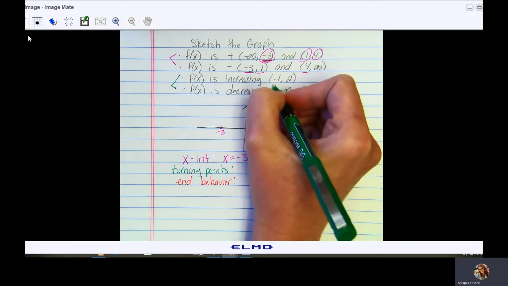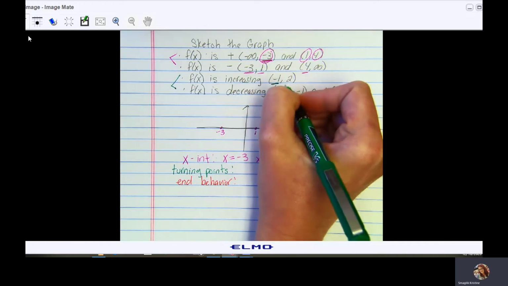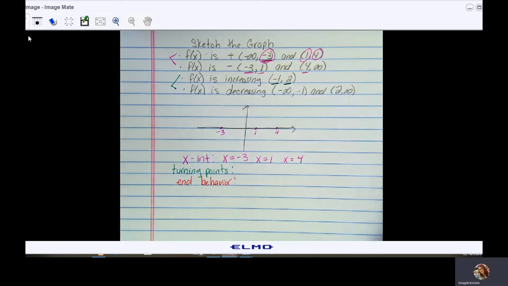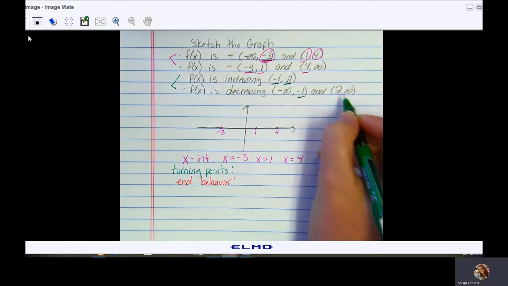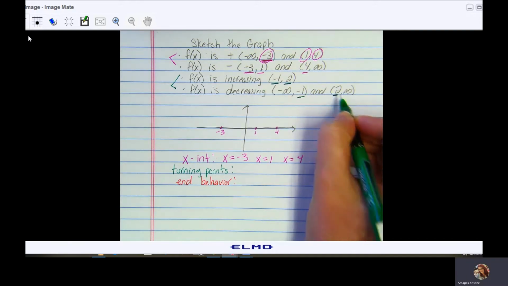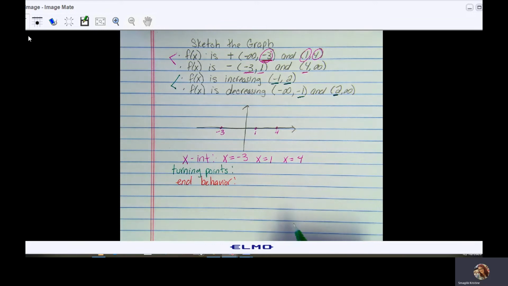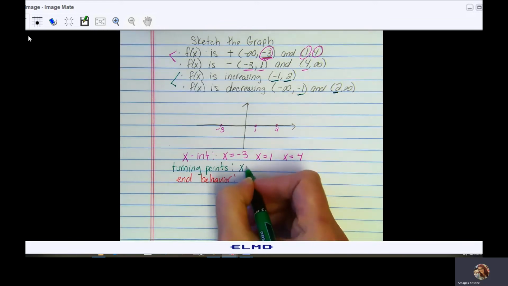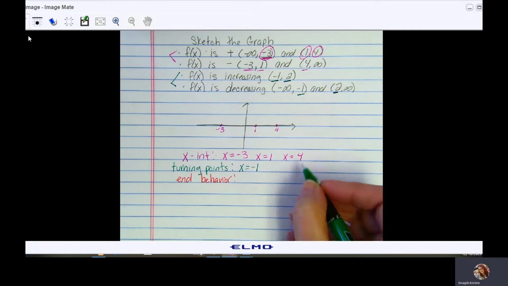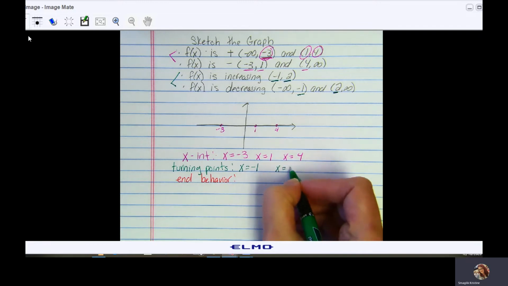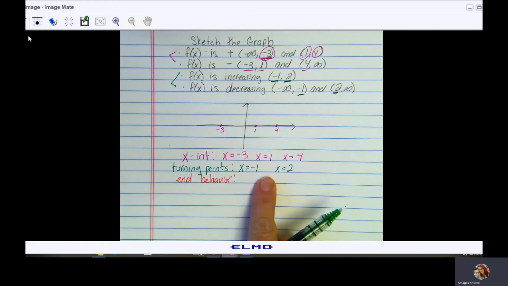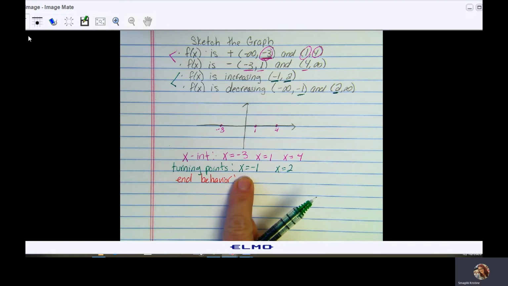So now notice these numbers right here, -1, 2. And notice they repeat right here. So that means my turning points are x equals -1 and x equals 2. Now, we don't know the corresponding y value of this turning point, but that's okay.